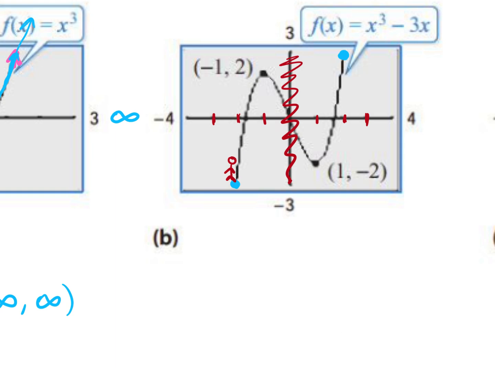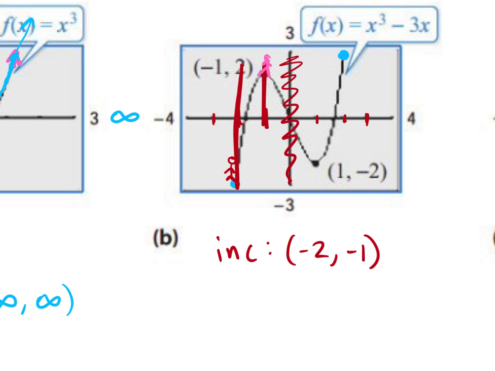I'm walking uphill from where to where? From where? Where do we start? -2 to what? -1. Awesome. We're increasing from here to here. So from here to here, this part of our graph. So that would be -2 to -1.